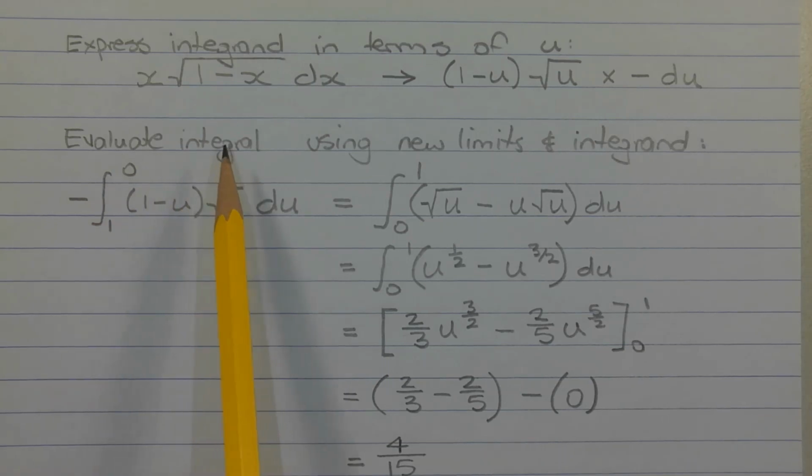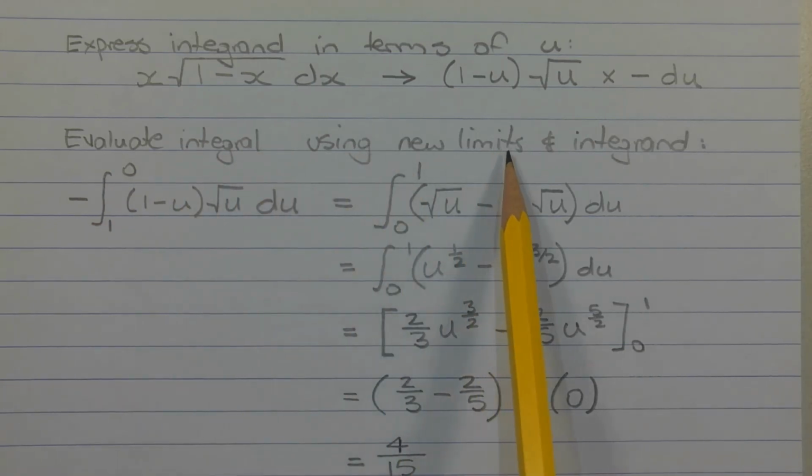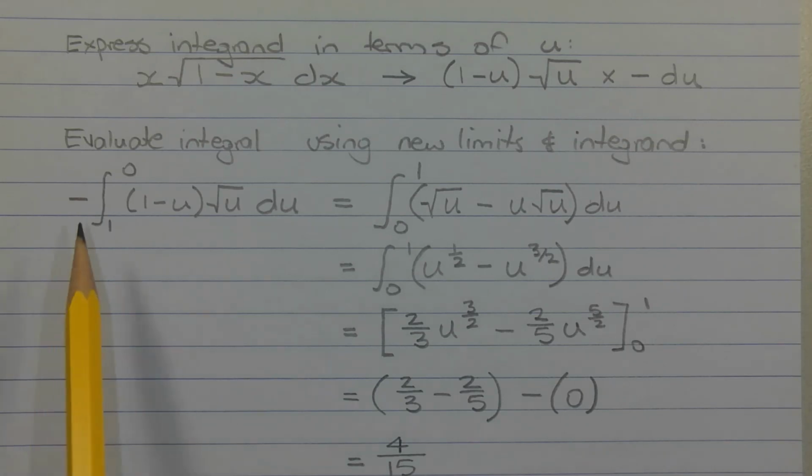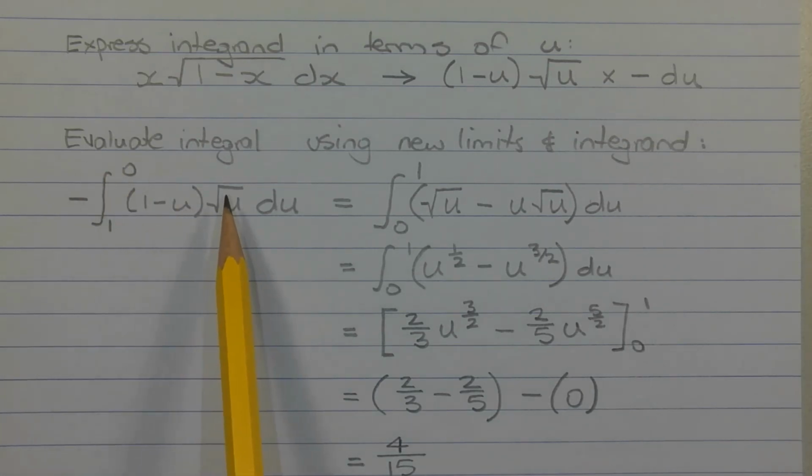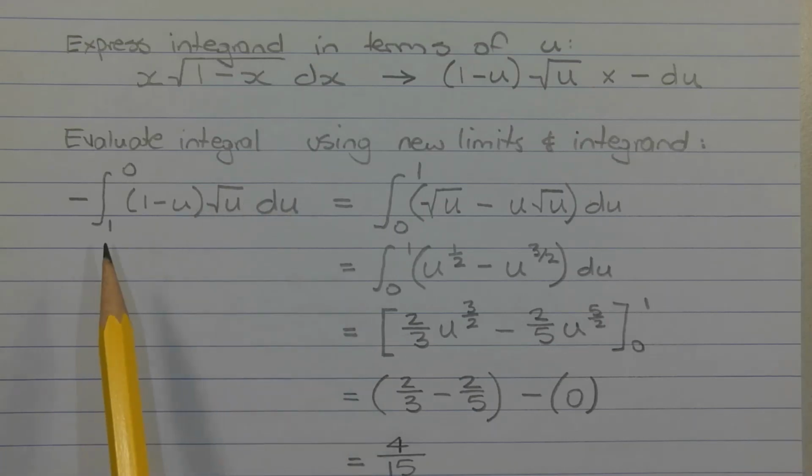Now we can evaluate the integral using the new limits and the integrand that we just found. So we have the negative integral of (1 minus u) times the square root of u du from u equals 1 to u equals 0. Now we can reverse these limits to make them in ascending order, but we need to multiply the entire integral by negative 1 to compensate for that.